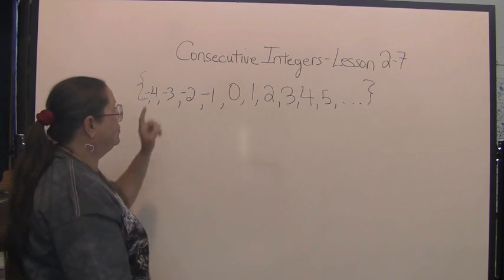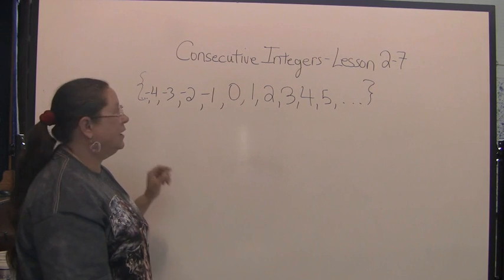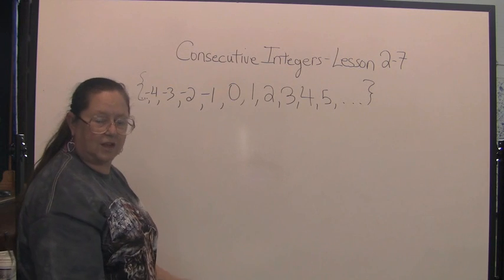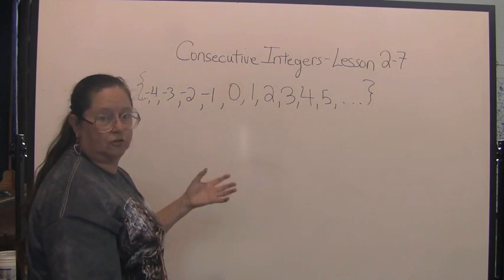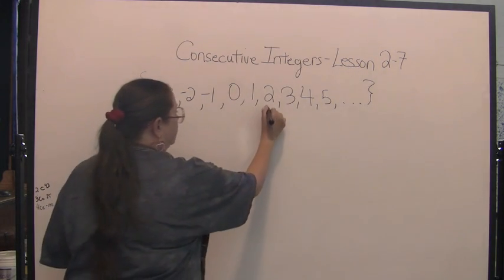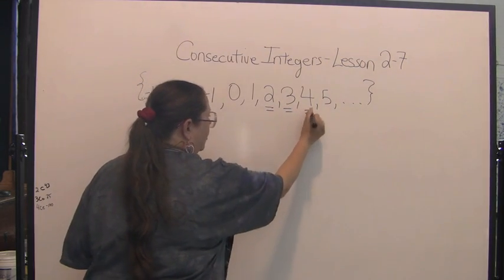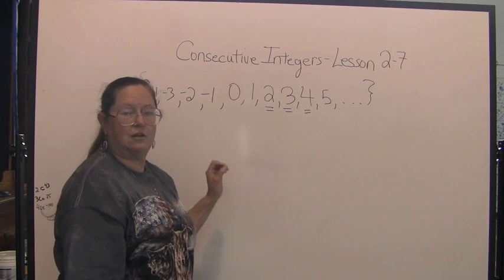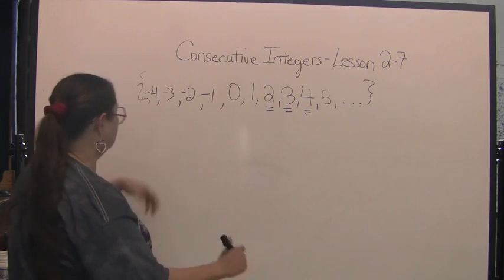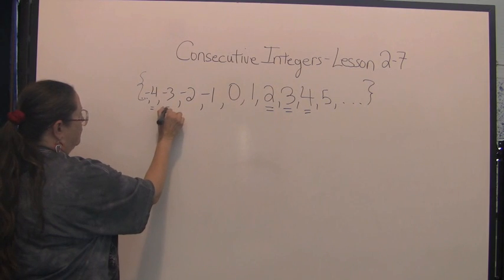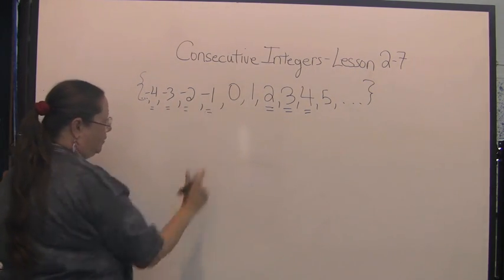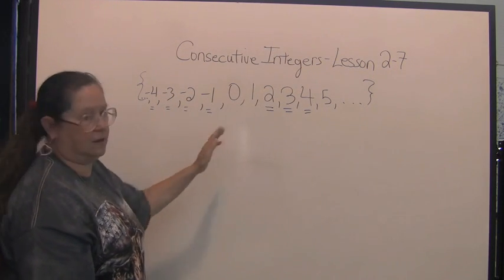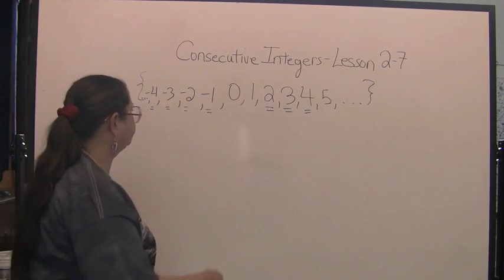Now, consecutive means in order, in a line. So if I wanted to pick 3 consecutive integers, I have lots of choices. I might say 2, 3, and 4. Those are 3 consecutive integers. I could say -4, -3, -2, -1. Those are 4 consecutive integers because they're in a sequence.